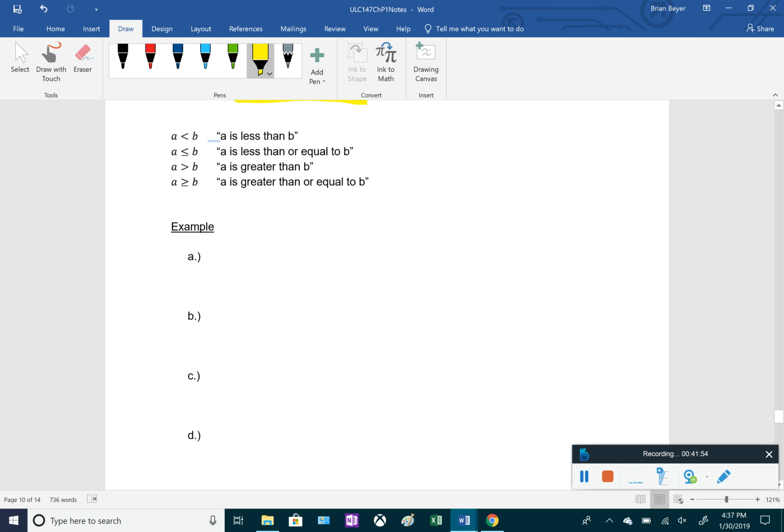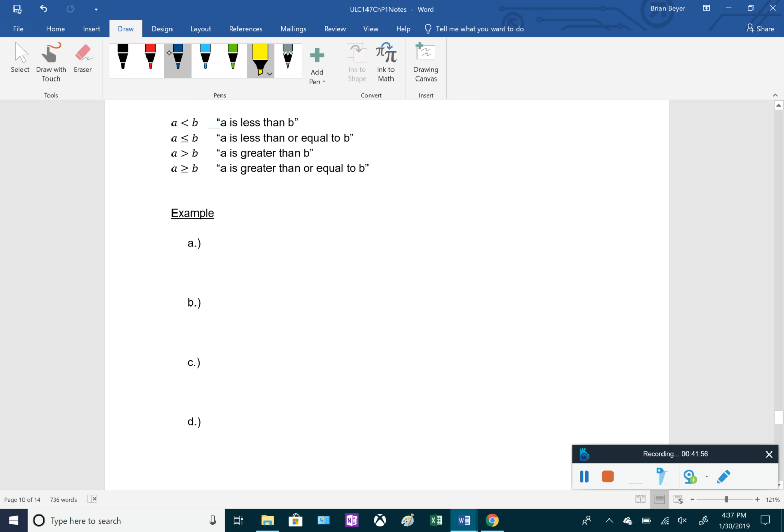Some examples of this, we could have -4 less than 2, which we obviously know is true. A positive is greater than a negative number. Could have -3 greater than or equal to -7. With negatives, you just have to make sure you're a little bit careful. -3 is greater than -7. It's further to the right on the number line.